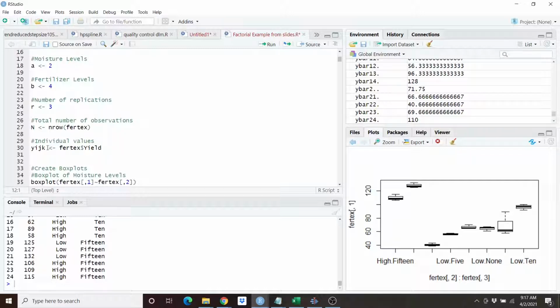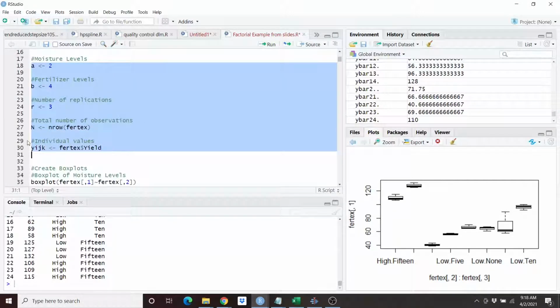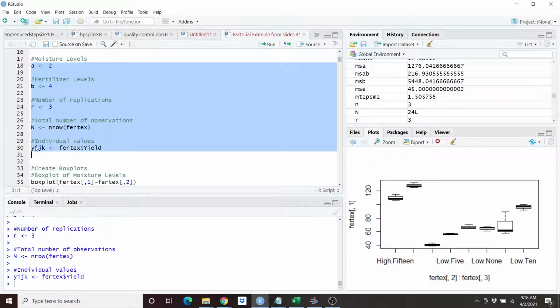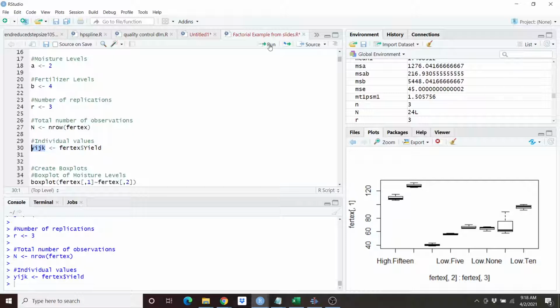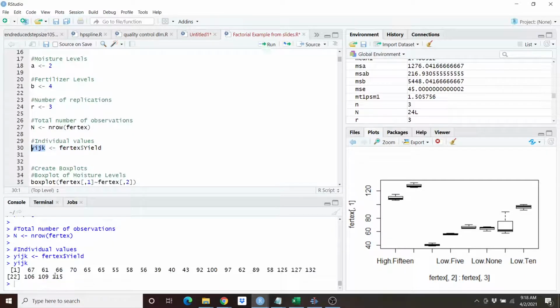And then again, Yijk, that's just going to equal our fertilizer yield. So I've called this FertX, and so here I'm defining A2, B4, R3, and N is 24, and now I've got my individual observations. And so you can see that if I just highlight Yijk, I get all of my observations.